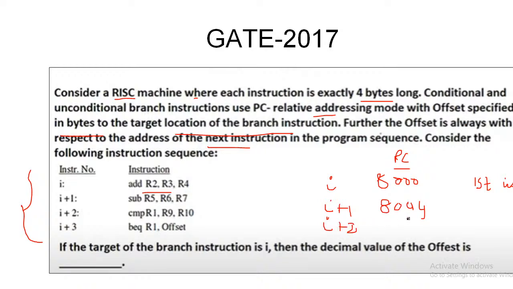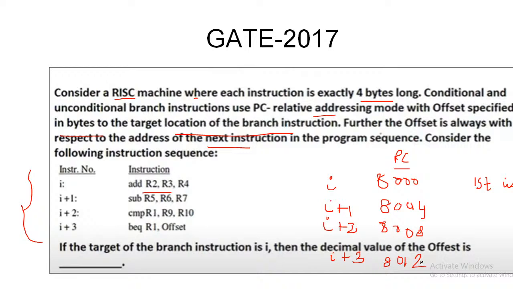So 8004. What will be the next instruction's starting address? Another 4 will be added, so it will be 8008, right? Another one, I plus 3, the last instruction: what will be the value of the program counter? 8012.